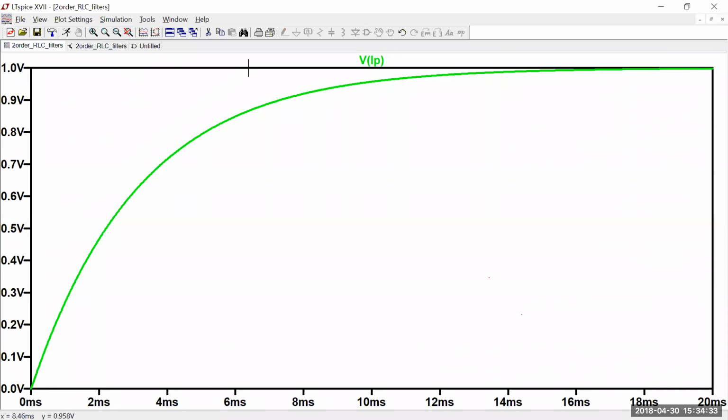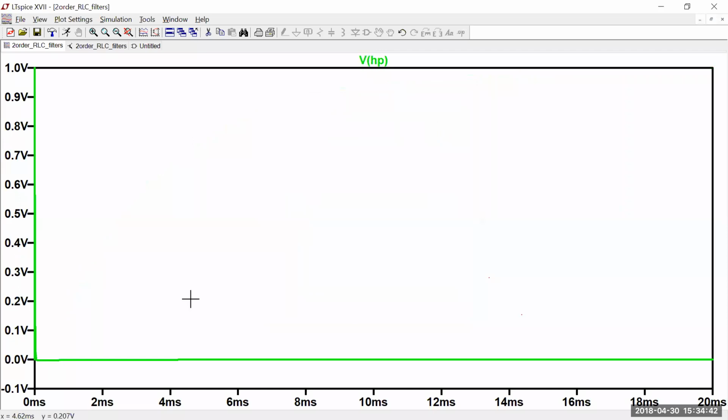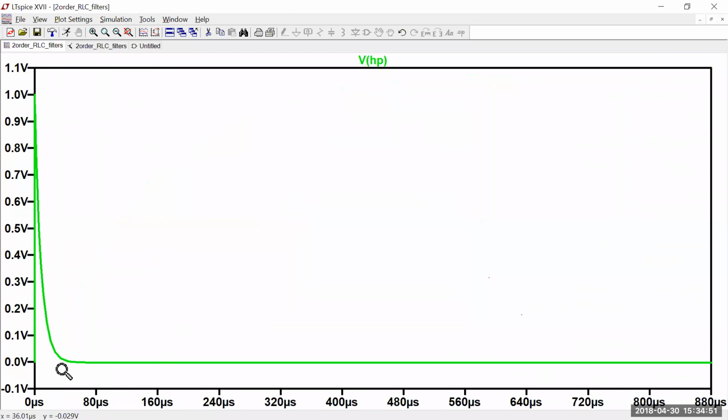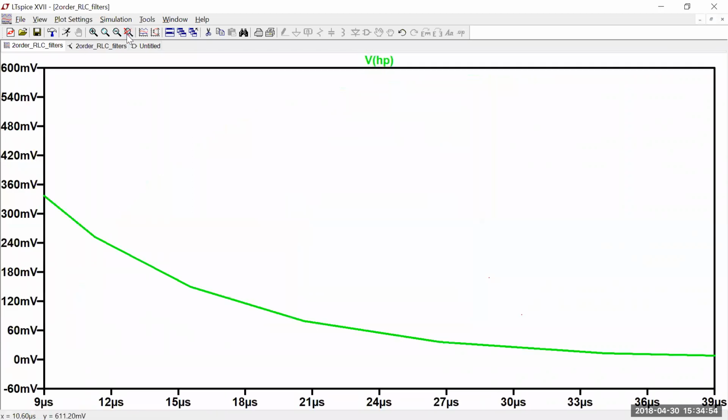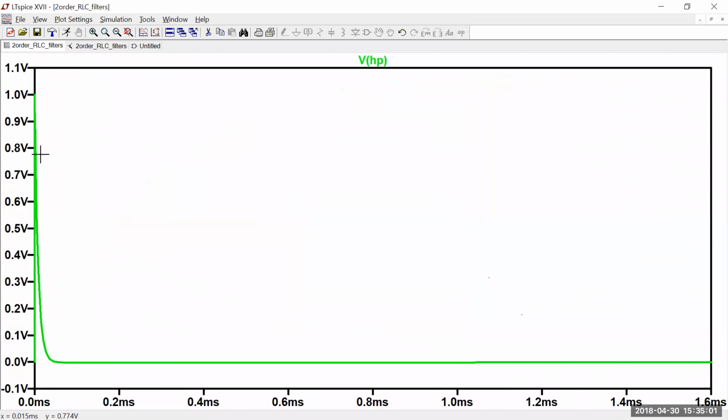All right. Let's look at the high pass. Well, it decays so rapidly, right? It's kind of hard to tell what's going on, so we have to zoom in. But notice, okay, it goes up, comes down pretty rapidly, and it doesn't cross at all, right?